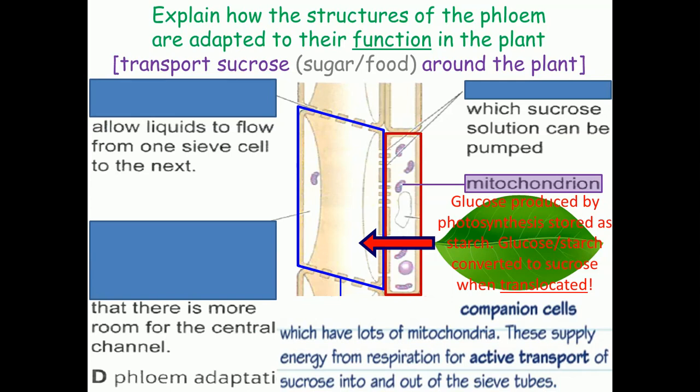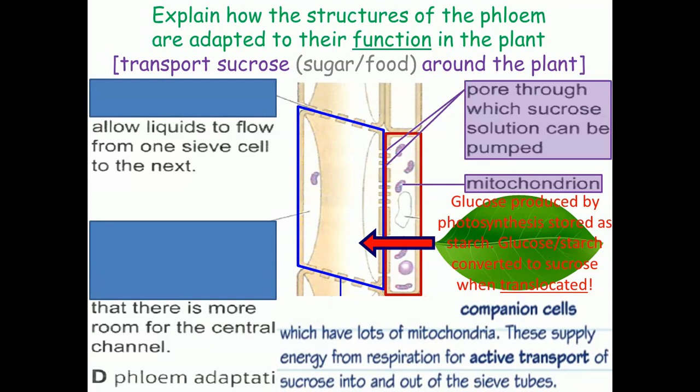In other words, to move the sucrose from the phloem companion cells to the phloem sieve cells requires the use of active transport, because the sucrose has to move from a lower concentration to a higher concentration. Therefore, those companion cells are adapted by having lots of mitochondria. And that means the sucrose can be pumped from the phloem companion cells to the phloem sieve cells.